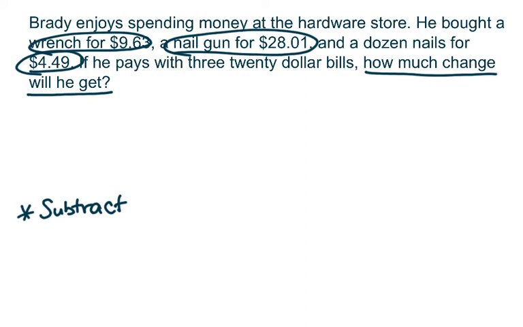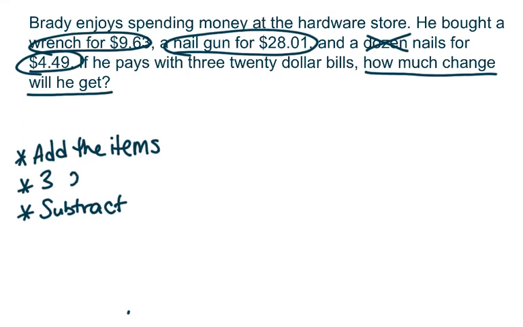In this case, though, it doesn't say that the nails cost $4.49 each. So that isn't important. It's just nails for $4.49. So I'm also going to need to add the items. But before I can subtract, I need to know that 3 20s is $60.